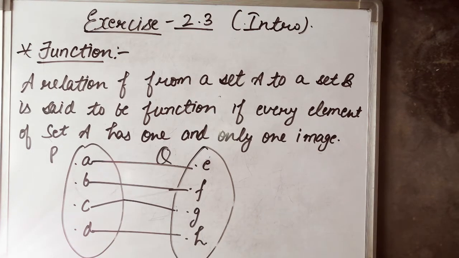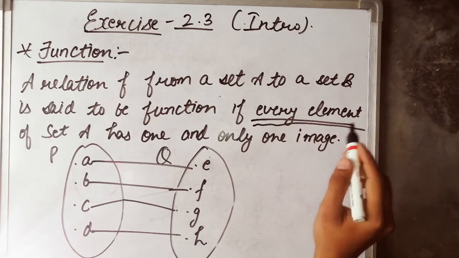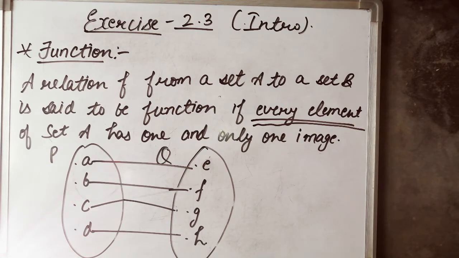And students, note that it is given every element. Here it is given every element. I am double underlining it because it means that it is a must that every element of the P set has an image. There should not be an element which doesn't have an image. Let's consider D doesn't have an image, then this type of relation is not called function.